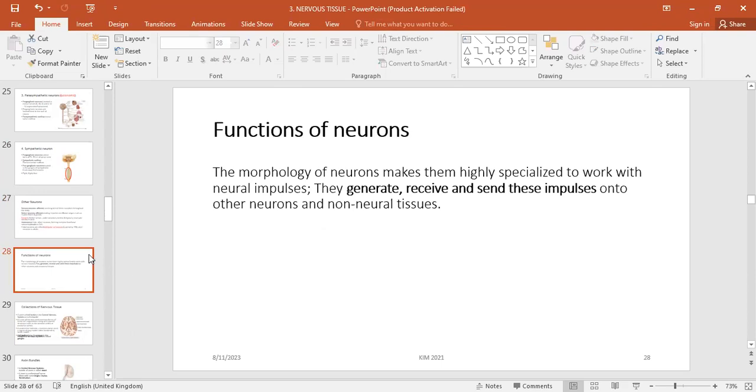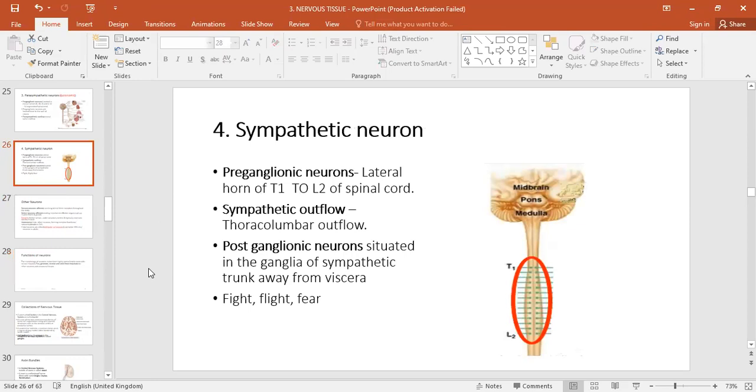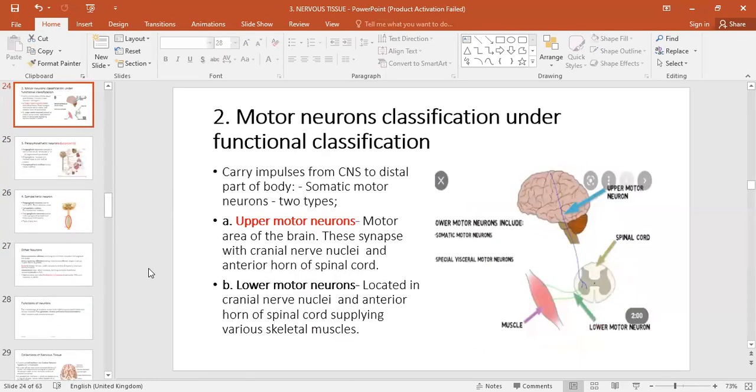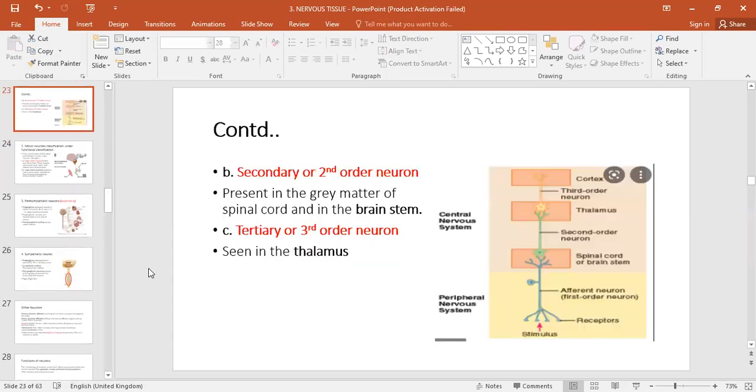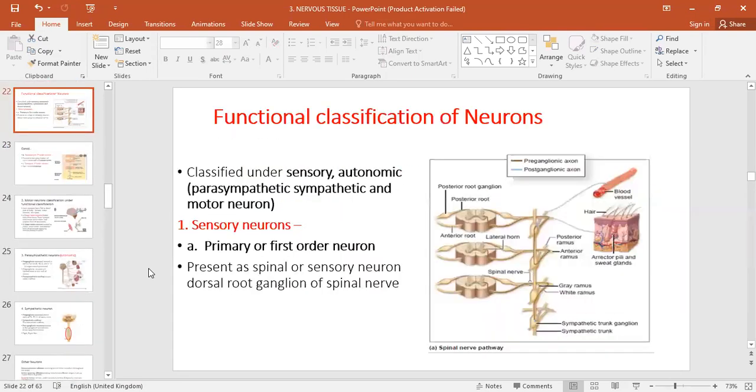We classify neurons based on control. Under control, we have sympathetic and parasympathetic. These are involuntary neurons. Then voluntary neurons, we have somatic neurons, neurons that control all skeletal muscles in the body. Then function, we have motor neurons and sensory neurons.